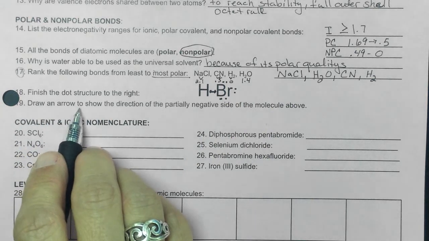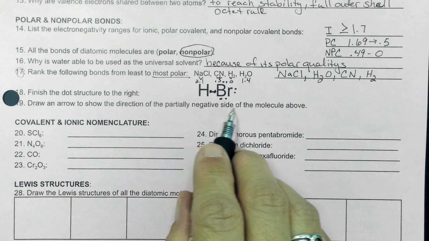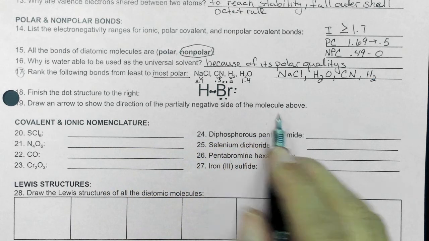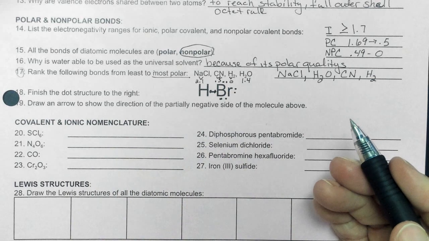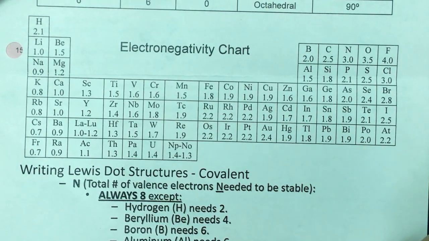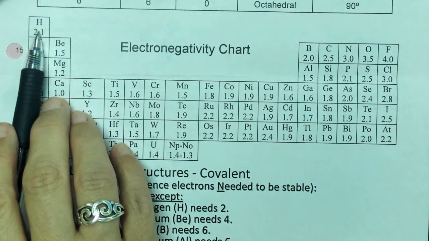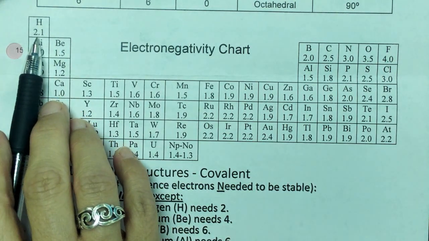Number 19 says draw an arrow to show the direction of the partially negative side of the molecule. So how do we determine what that's going to be? We're going to go to our electronegativity chart. You can also just look at where they're located on the periodic table. Bromine is over here. It's part of the halogens. Hydrogen's way over here.